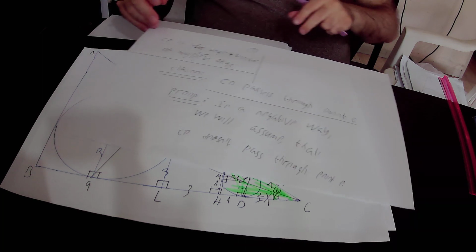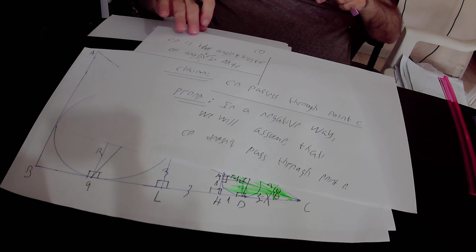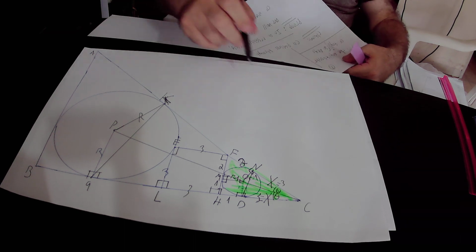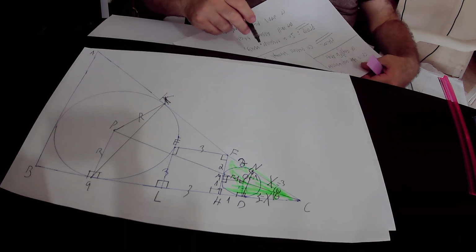We'll assume that CO doesn't pass through point P.